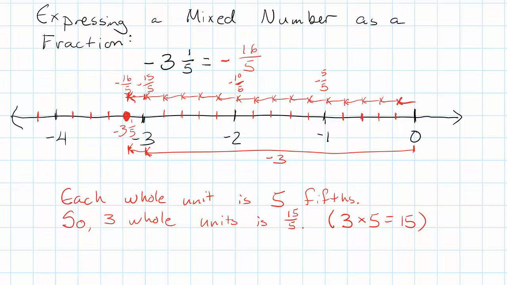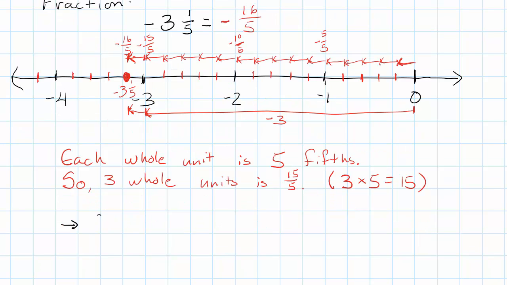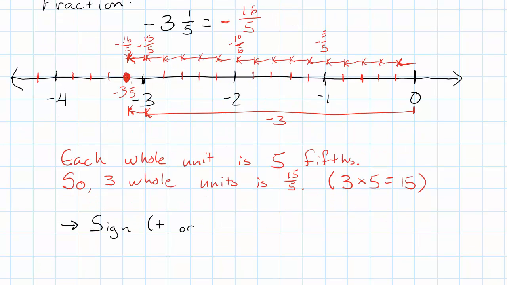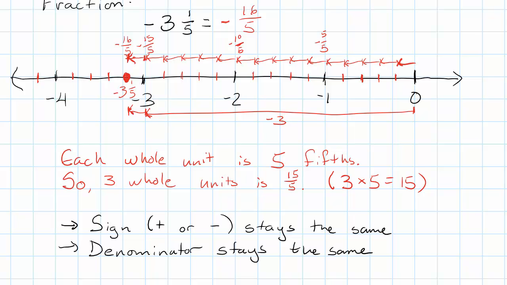What do we do when we go to express a mixed number as a fraction? We see that the sign, positive or negative, stays the same. Right, because if I'm to the left of 0, no matter how I write my number, it's to the left of 0. If I'm to the right of 0, no matter how I write my number, it's to the right of 0. The denominator stays the same. No matter how I write my number, the number of pieces my unit is divided up into doesn't change.